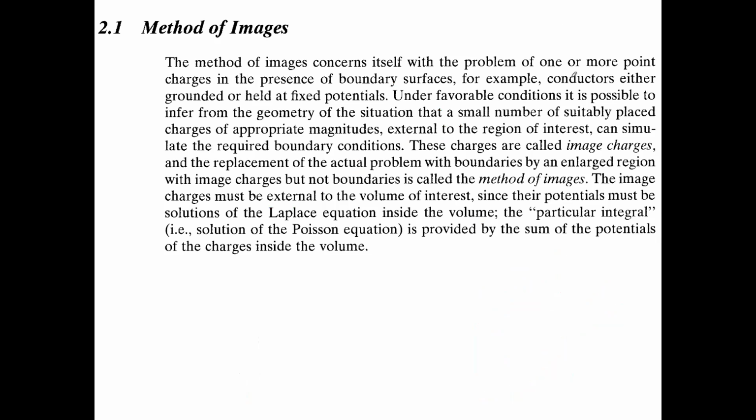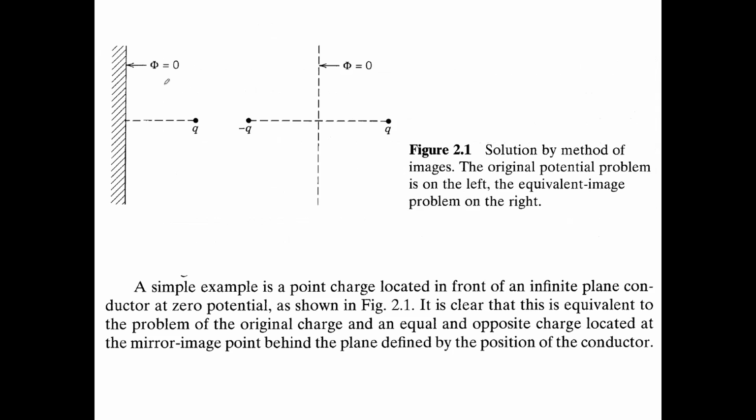It's called, let me first hide this thing, it's called the method of images. So here, when you have such a system, a Q close to the surface of the conductor, it equals a system which is a charge without the conductor.